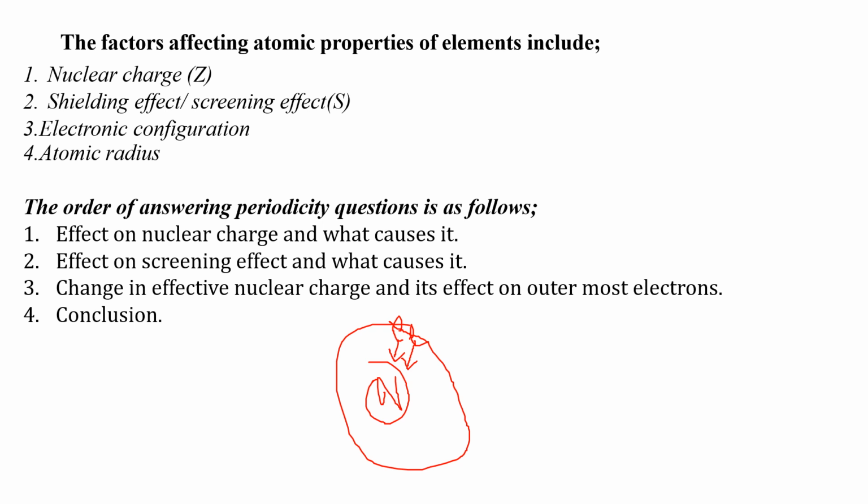So going on to the next point, we look at the conclusion. Here the conclusion is the factor you are explaining. For example, we have looked at atomic radius, ionization energy, and electron affinity. The explanation remains the same; you explain things the same way. All these will remain the same on each and every factor of periodicity.